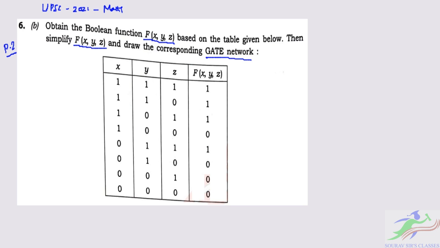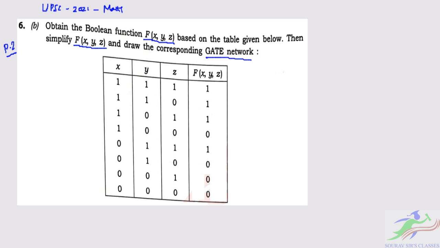So we have to see the terms of each individual row of this table. What are the min terms associated with this?